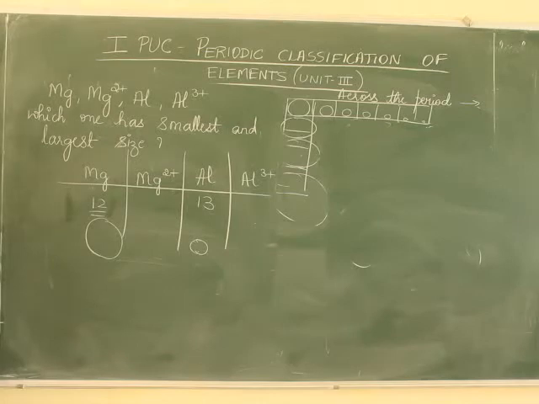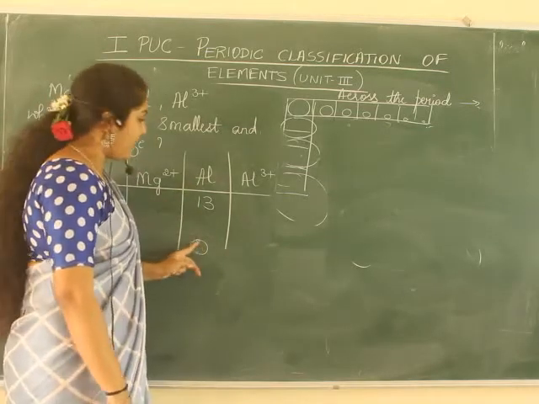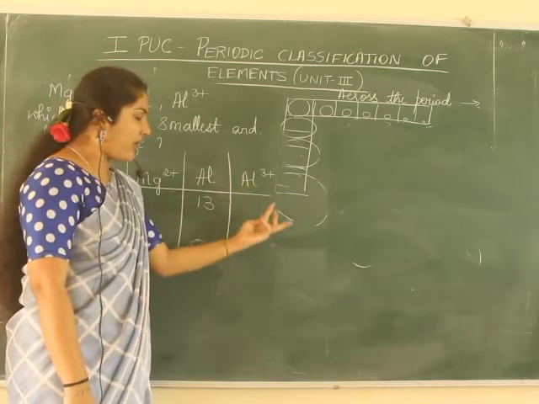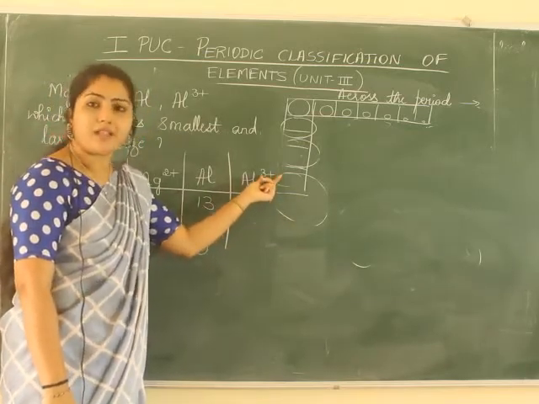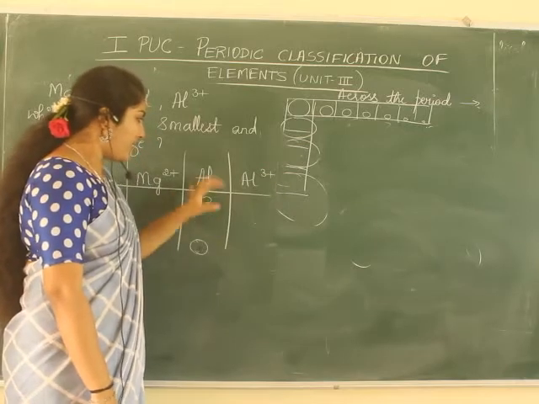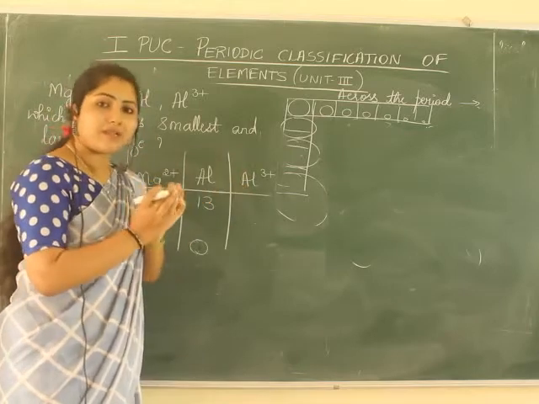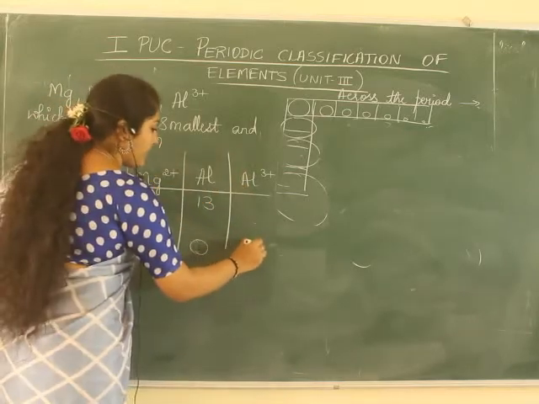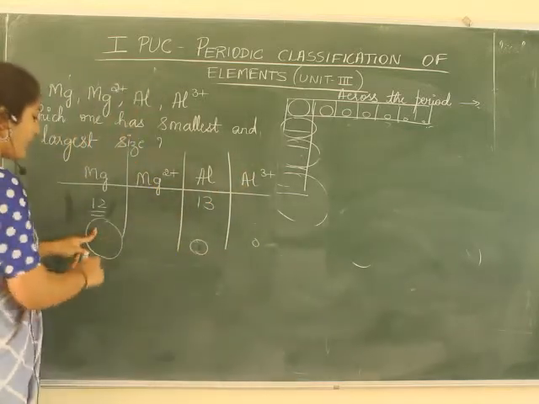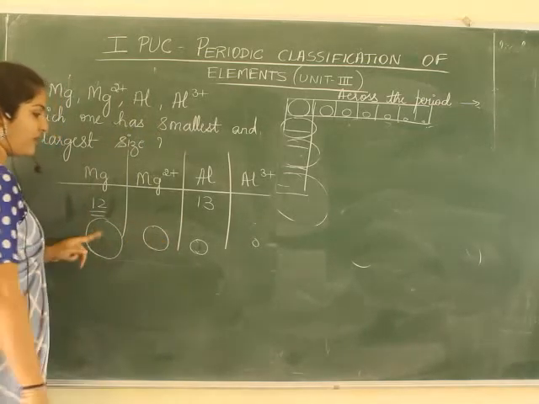So aluminium already has smaller size. Now aluminium has lost 3 electrons and it has become Al3 plus. That means compared to the parent aluminium, Al3 plus will have still smaller size. Compared to magnesium, the parent, Mg2 plus will have smaller size.